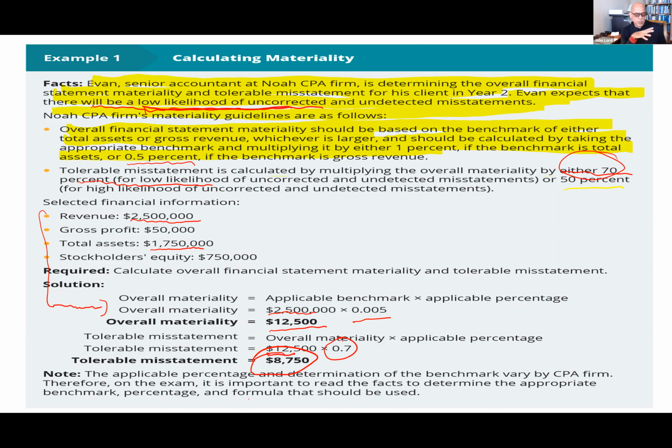Okay, so not a real difficult calculation. I think sometimes we see calculations and percentages and we start to panic a little bit, not that difficult. Okay, so again, materiality, what are we trying to do? We're trying to direct our audit resources towards things that are going to be more important to the judgment of users.